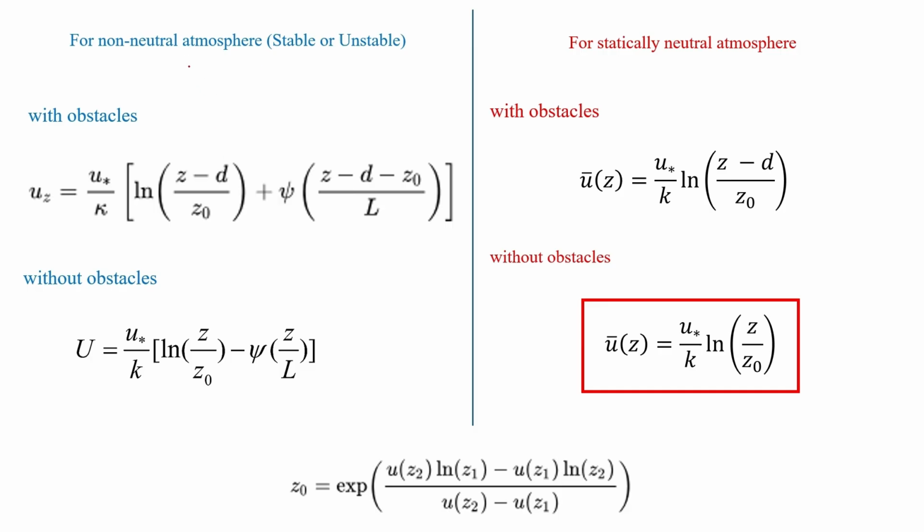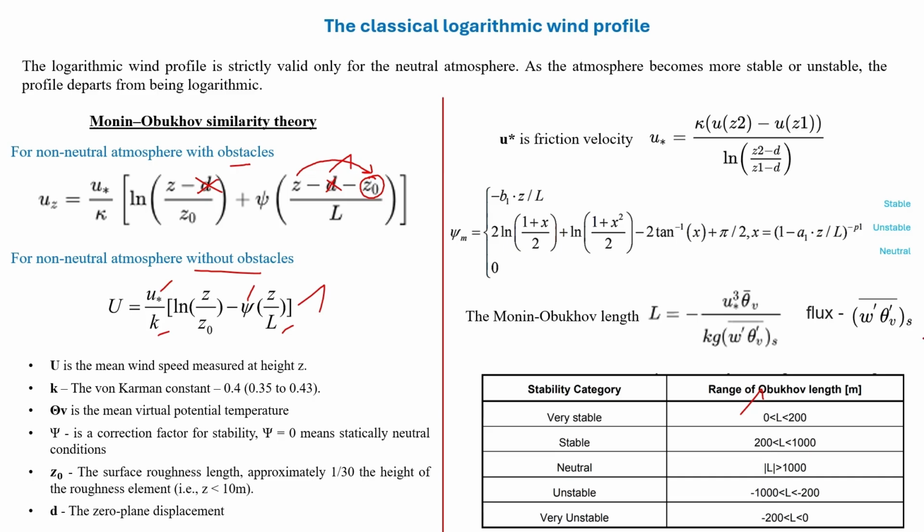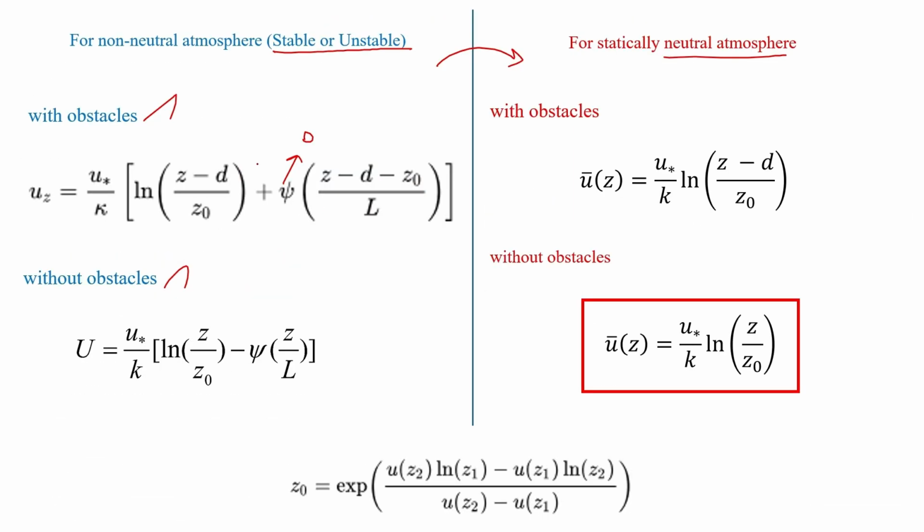So whatever we discussed in the previous slide is for the stable or unstable condition, with obstacle, without obstacle. Same thing, if you simplify it for the neutral atmosphere, then this term is 0. Okay, so here they mention, if it is neutral, then psi is 0. So neutral means this term will be 0.